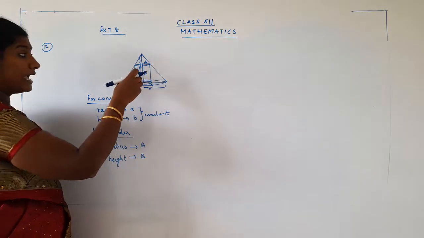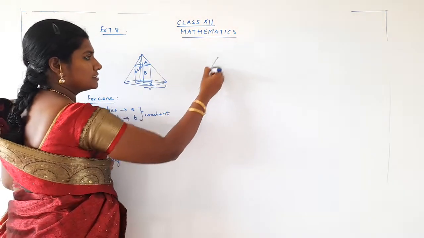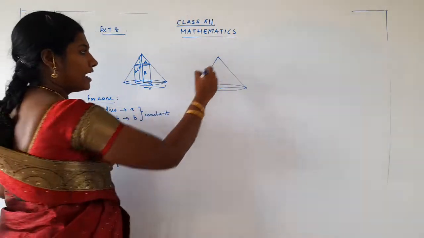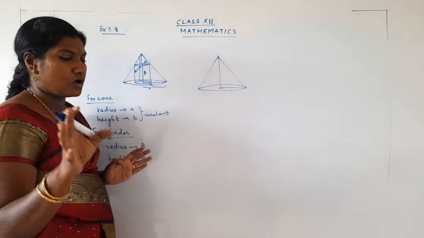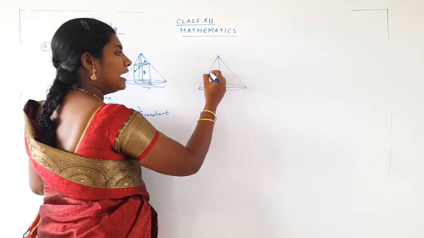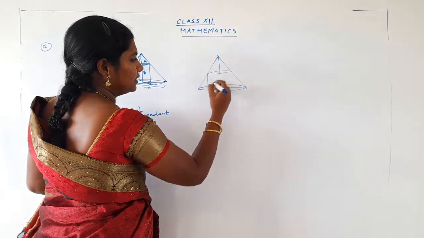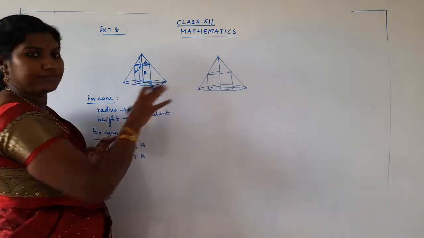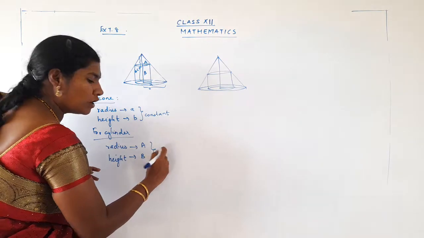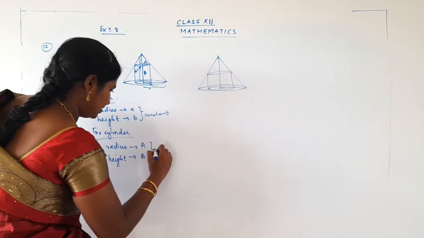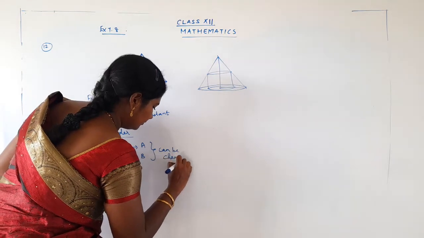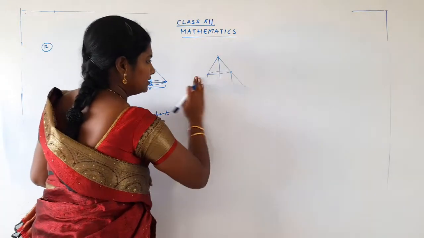I have told you that the radius of the cone and the height of the cone will not change, they are constants. But talking about the cylinder, I can change the radius and the height of the cylinder. We can have different figures. So, they are not constants. Okay, they can be changed.